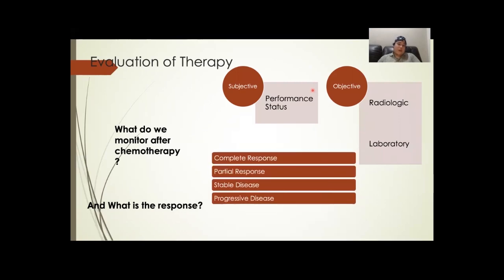And what is the response? You can have a complete response, partial, or you can have stable disease, and also you can have progressive disease. And all of the above will be explained later in a different presentation.